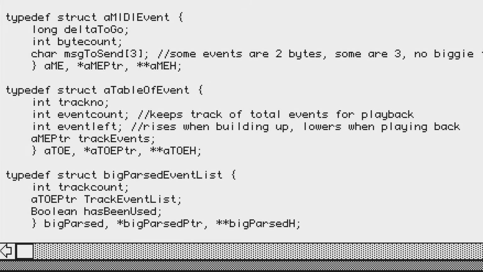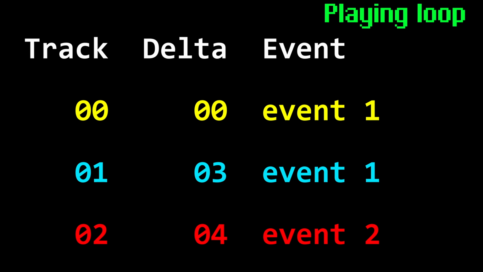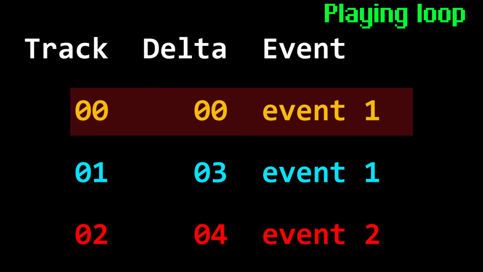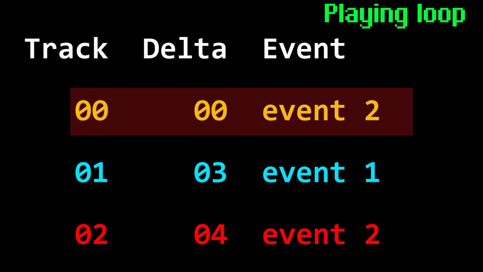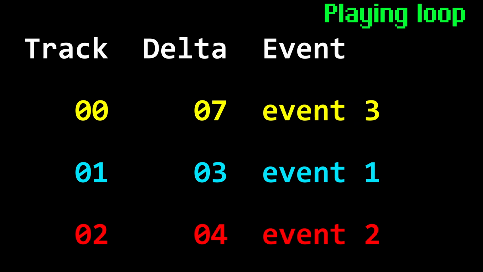During my playing loop, when I need to evaluate what event to do next, I just sift through every TOE and do the 0 time delta ones right away. If it turns out the very next event right after the one I just processed is also a 0 time delta one, do it right away too. In fact, you'll get a bunch of events stringed together occasionally, while all the other tracks must wait patiently.